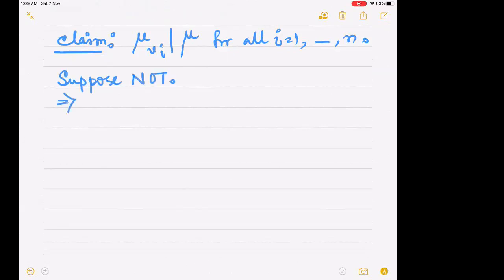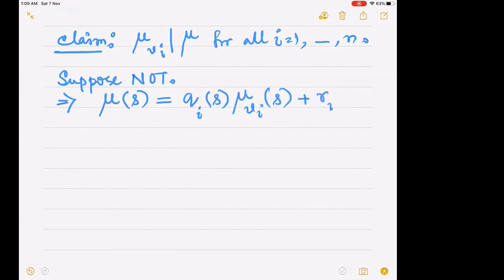We know from polynomial algebra that if it doesn't divide, then mu can be written as some qi times mu vi plus an ri, where the degree of ri is strictly less than the degree of mu vi. This is just long division, and because I'm saying that this doesn't divide, there is this non-zero remainder.